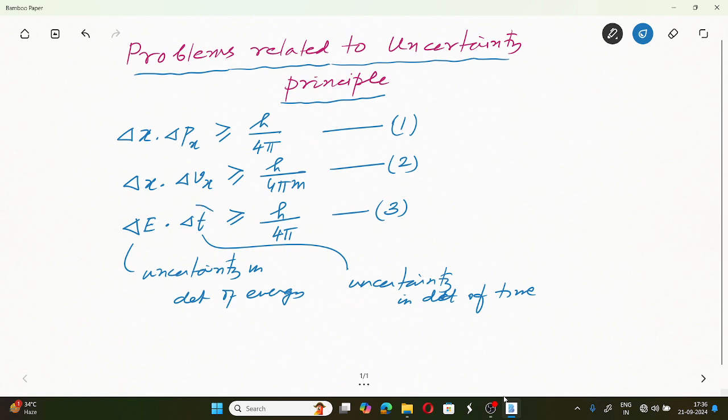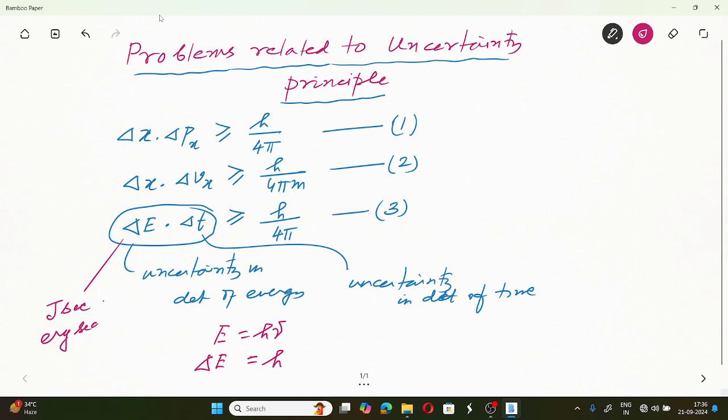So the uncertainty principle is applicable between any two conjugate properties whose unit will be joule second or erg second, isn't it? Now we know that E equals h nu, where delta E, the uncertainty in the determination of energy, will be equal to h delta nu, h being a constant.